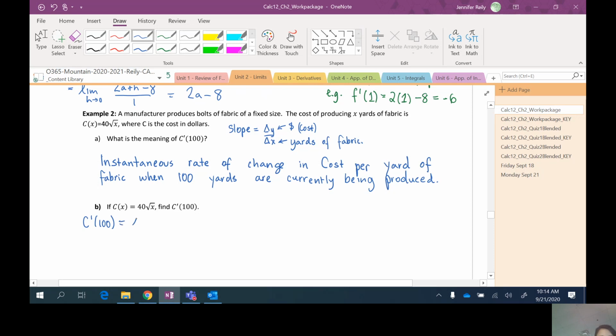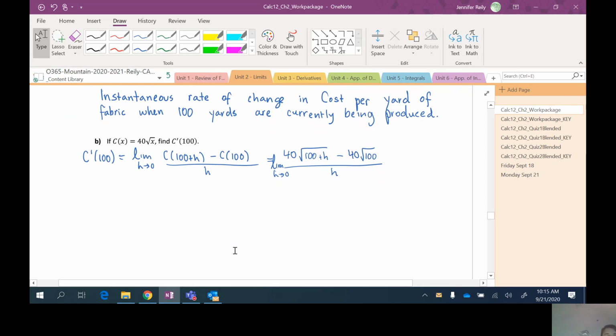C prime of 100 is the limit as h goes to 0 of C of 100 plus h minus C of 100, all over h, and I'm going to plug both of those into the equation. So I get 40 times root 100 plus h minus C of 100, which is 40 times root 100, all over h. Oops, I forgot to write the limit. The limit as h goes to 0.